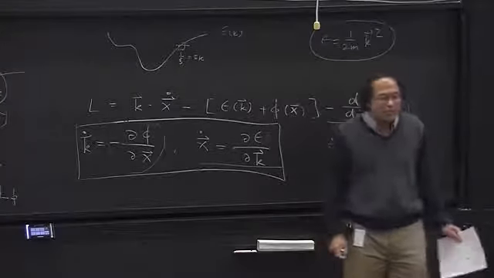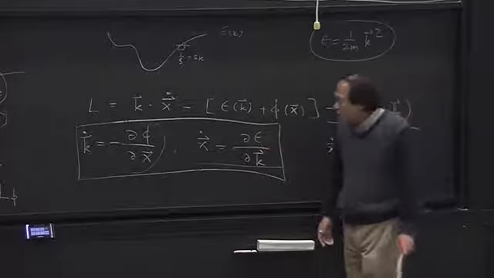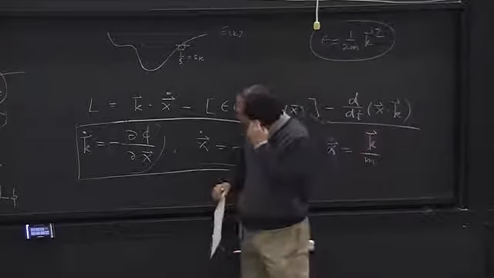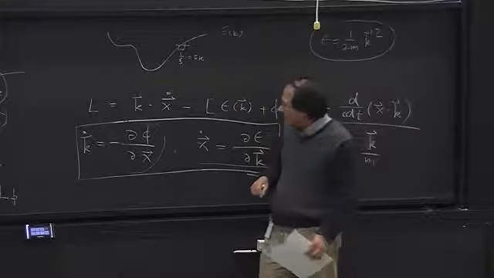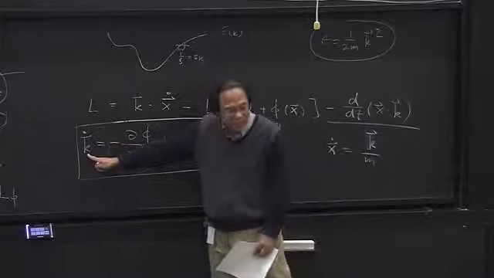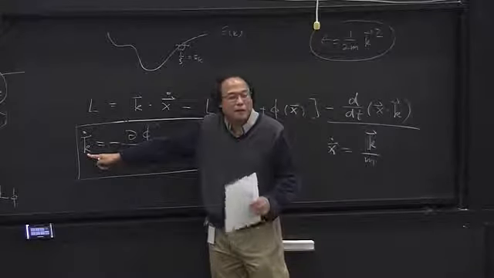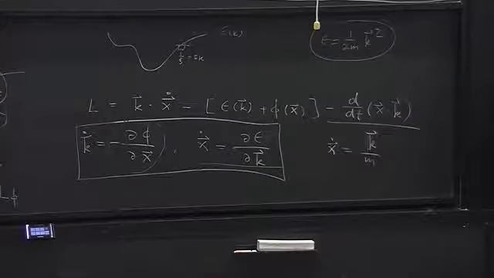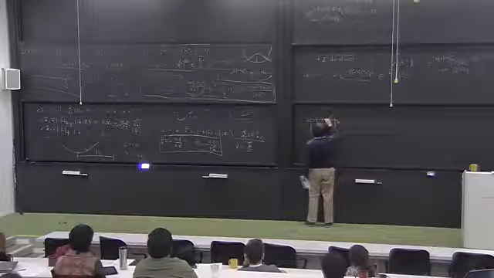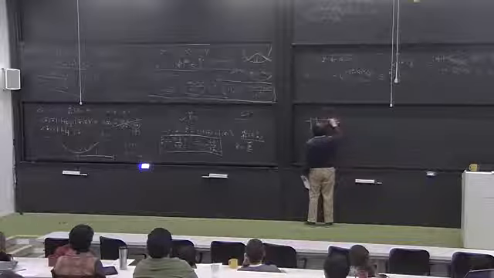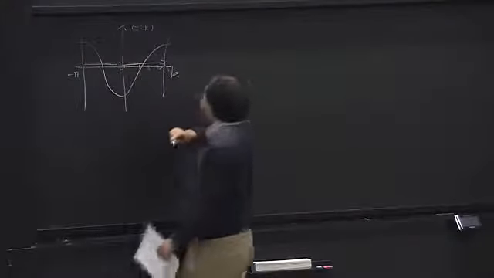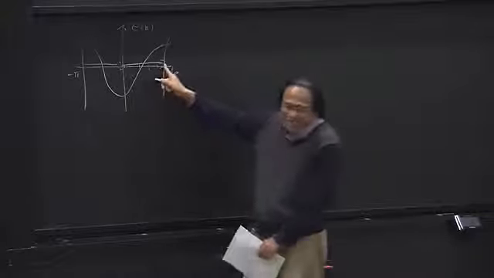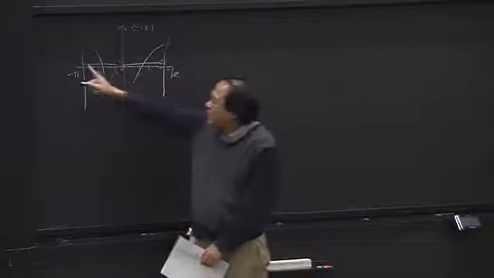Well, that's not true for this case. As you push this particle, its momentum increases linearly in time, indefinitely. So the momentum would go from here, to here, to here. But the point is that when the momentum reaches pi, pi and minus pi are the same thing.